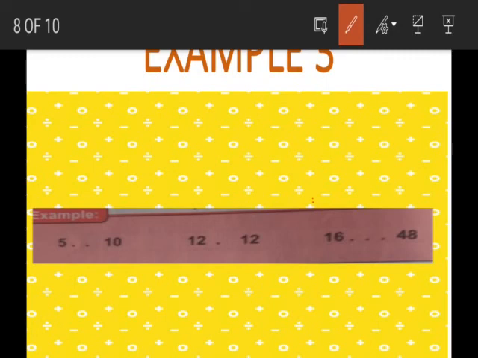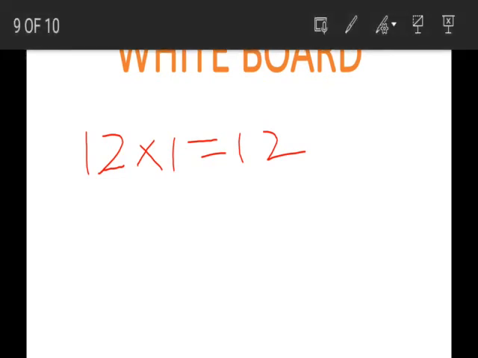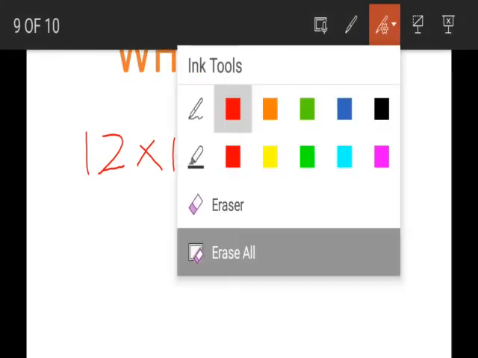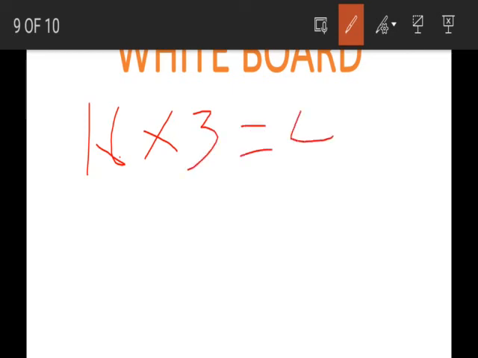In sample 3, we have 3 dots there, which means that the first number, 16, will multiply 3, since we have 3 dots there, and that will give you the second number, which is 48.